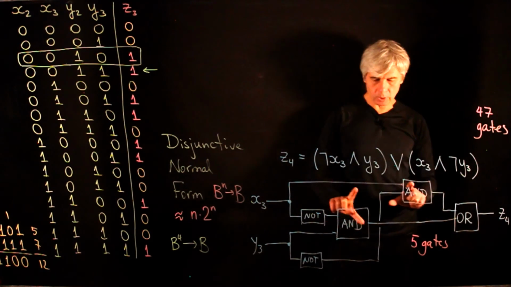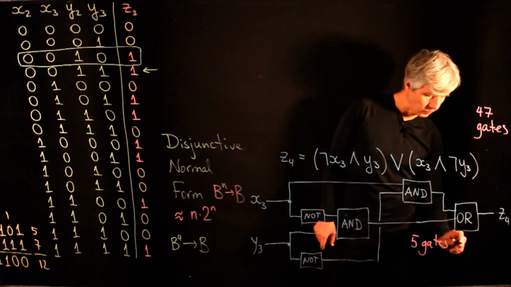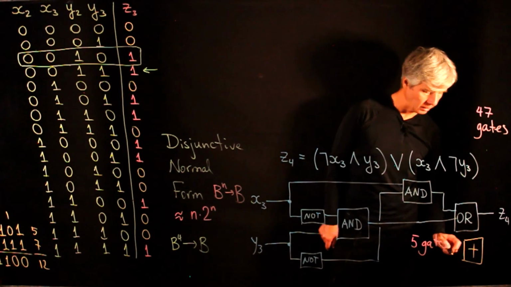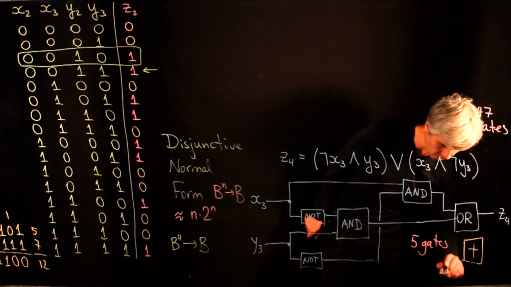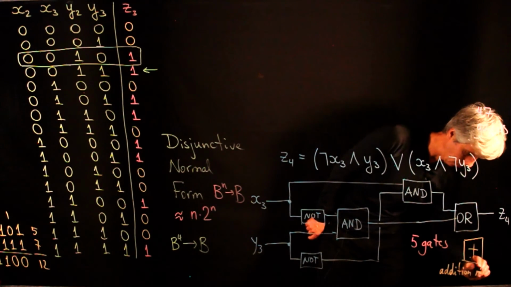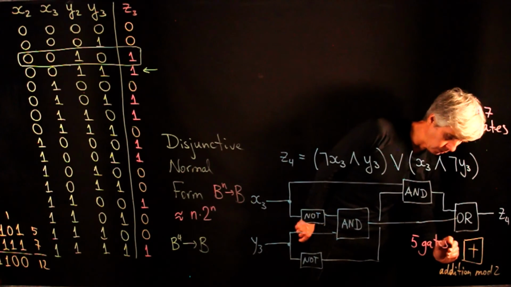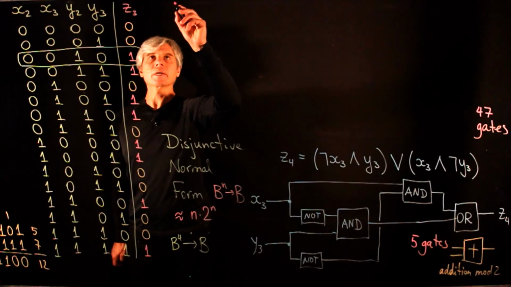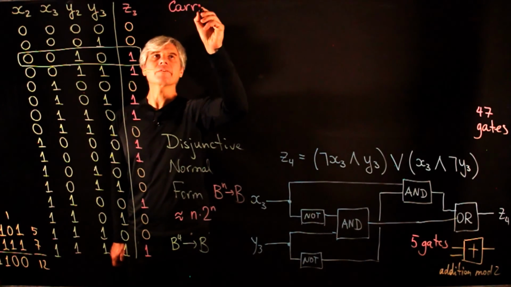So we can take this scheme and denote it by plus, right? So this is addition mod 2. We have 2 bits of input and 1 bit of output.